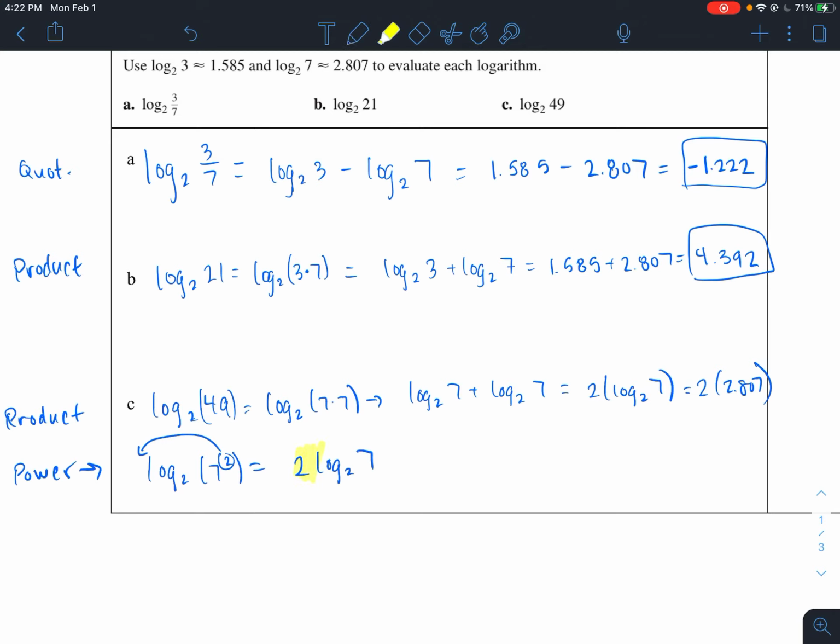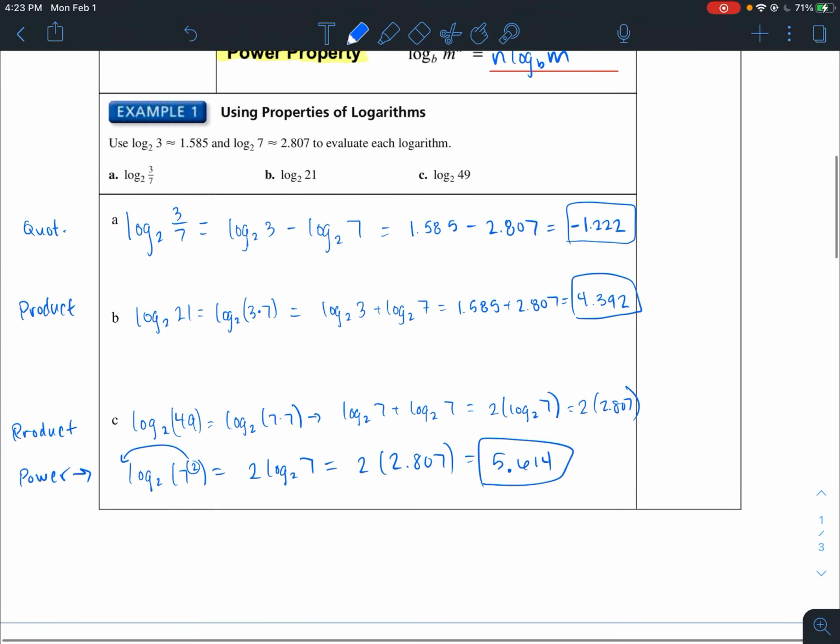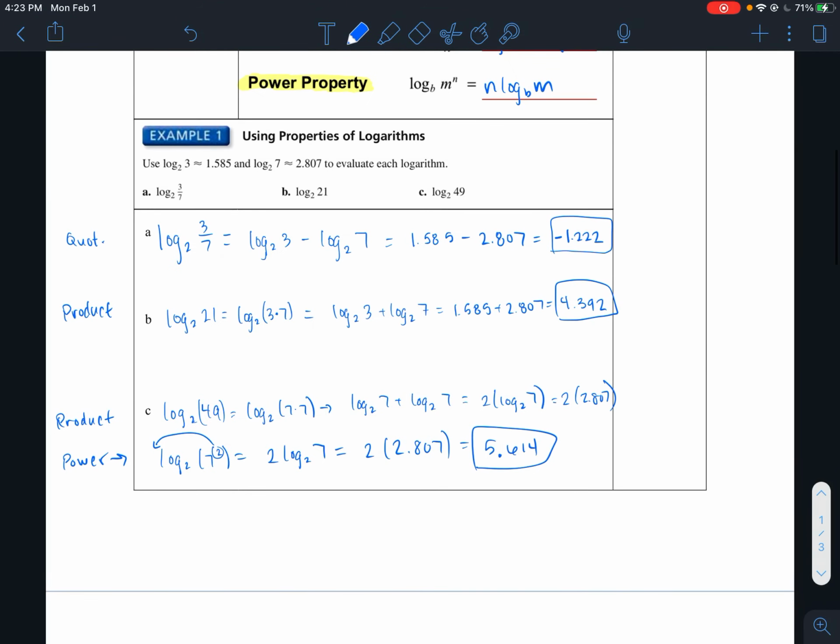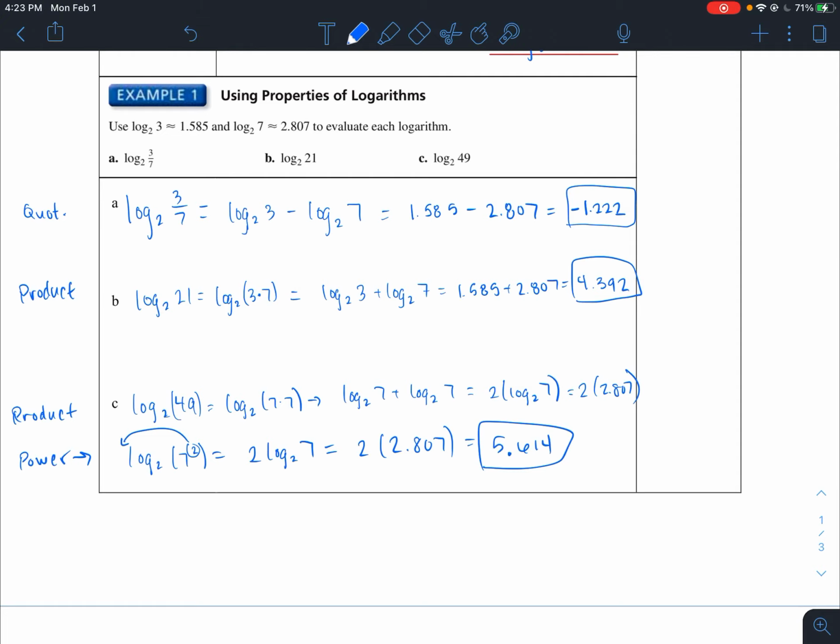And look what we have here, 2 times log base 2 of 7. So we got there a lot quicker. This would be equal to 2 times 2.807, which is 5.614. Either way, you get to the same answer, but I got to the answer a lot quicker using the power property. So that's using properties of logarithms.